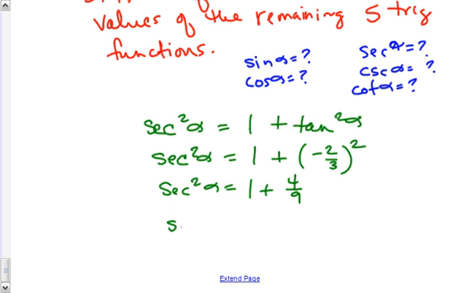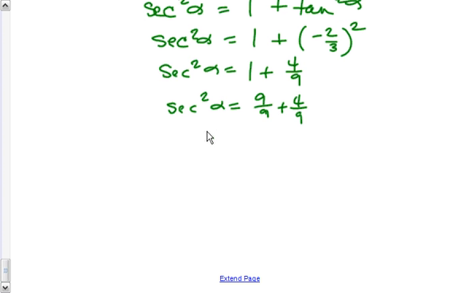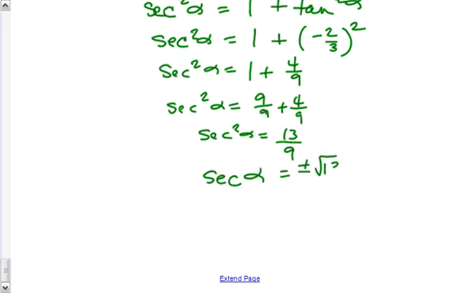And I can add that up because I can rewrite 1 as 9 over 9. That gives me 13 over 9. But I have to take the square root there, which is going to give me what? Plus or minus square root of 13 over 3.